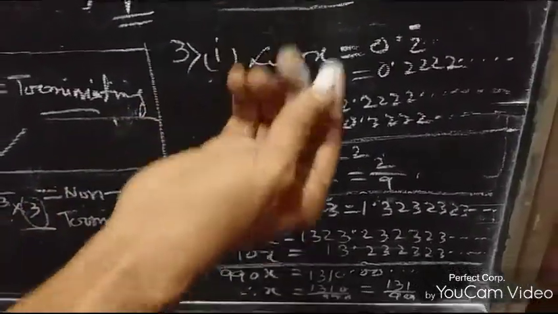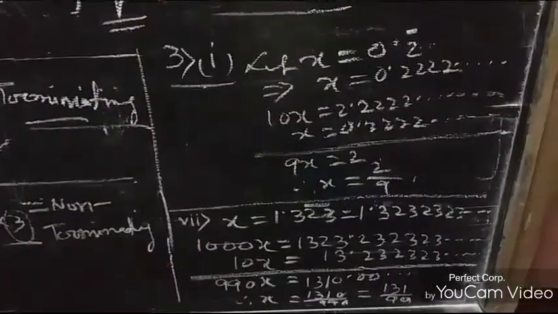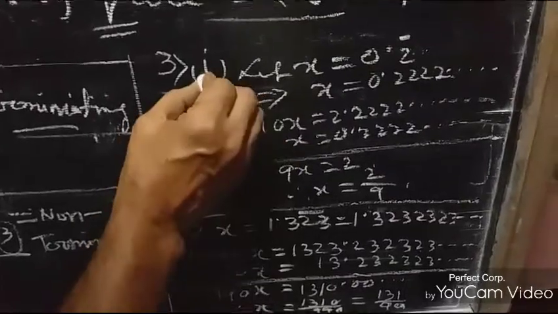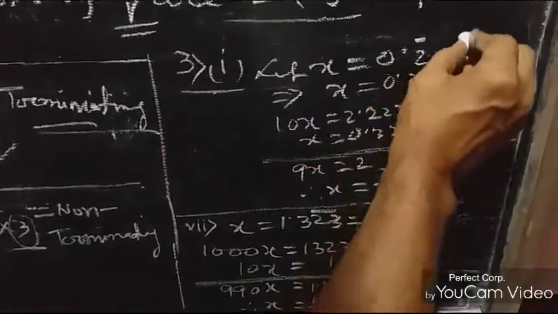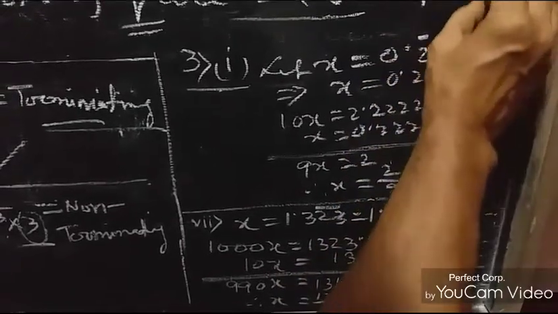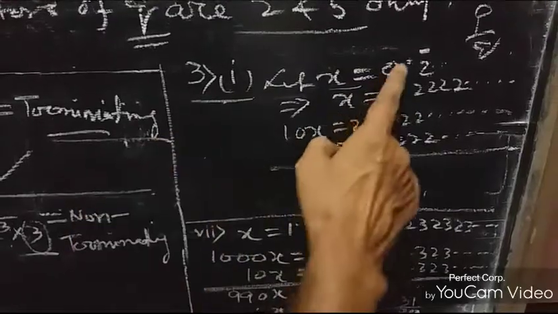Now come to any recurring number. How can you convert this into p by q form? Number 1 is given: you need to express 0.2 recurring in the form of p by q. Let x equal to this.